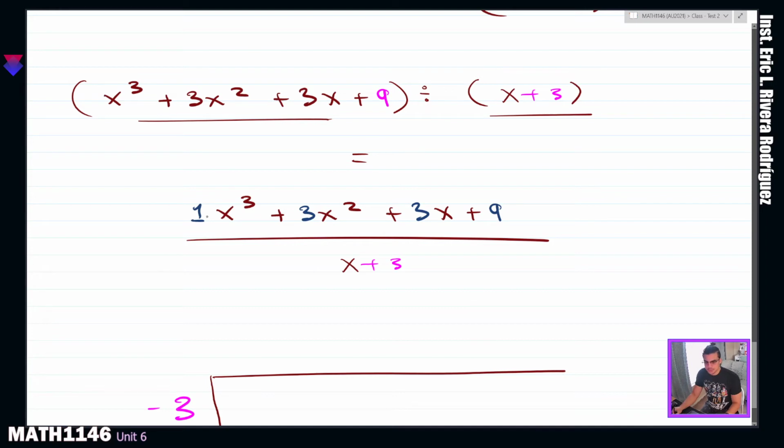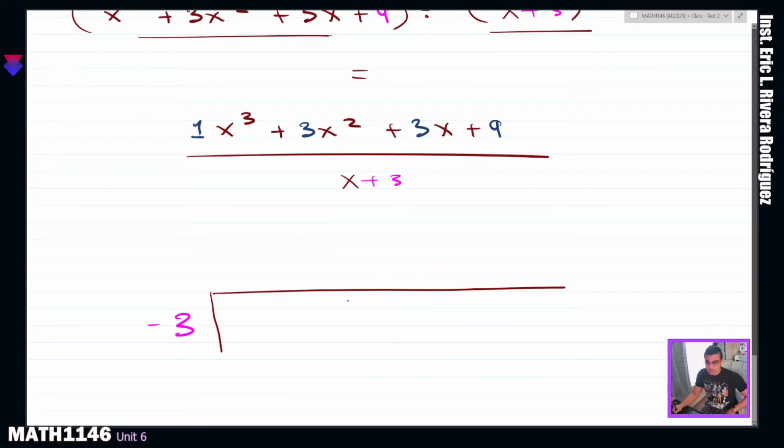This polynomial contains all its terms, 3, 2, 1, 6, and 9. Remember that if you are missing one term, that means that the coefficient of that term is 0. You need to take into consideration all those coefficients. If there is one term that is missing, you need to fill that space when you do synthetic division with a 0.